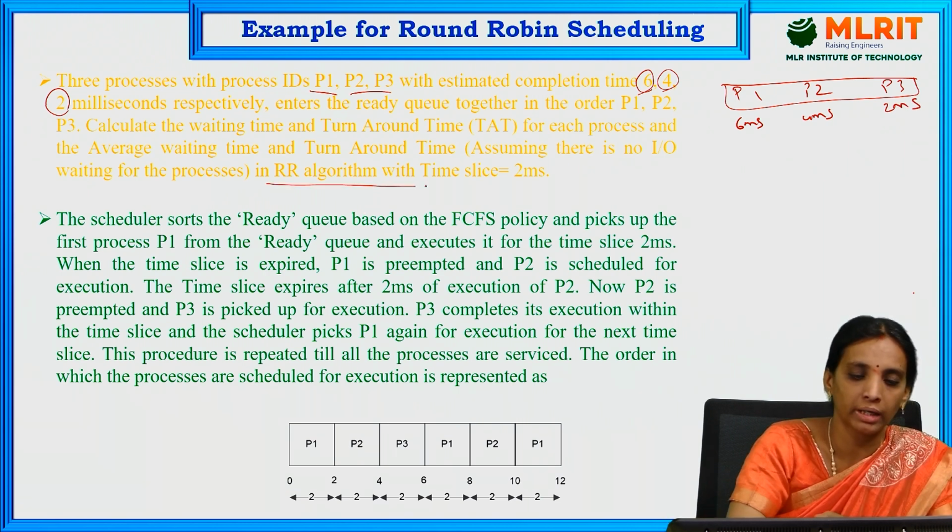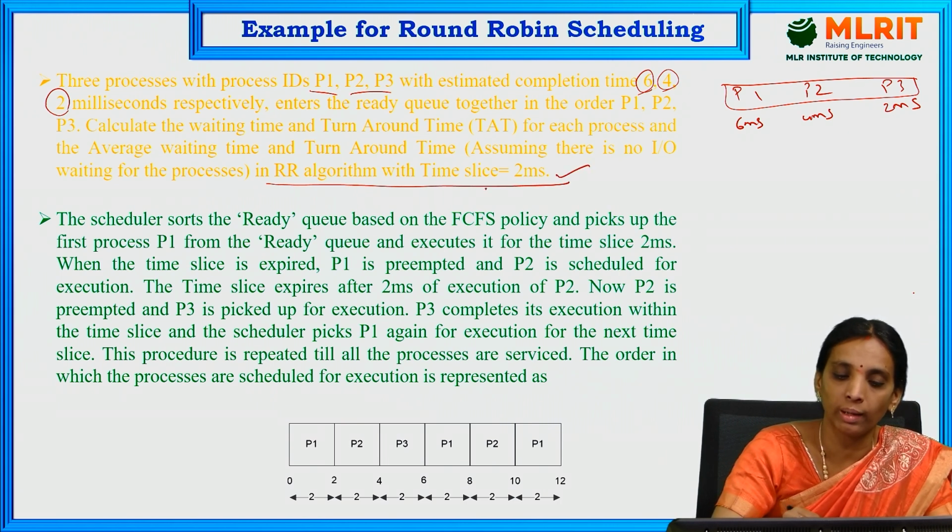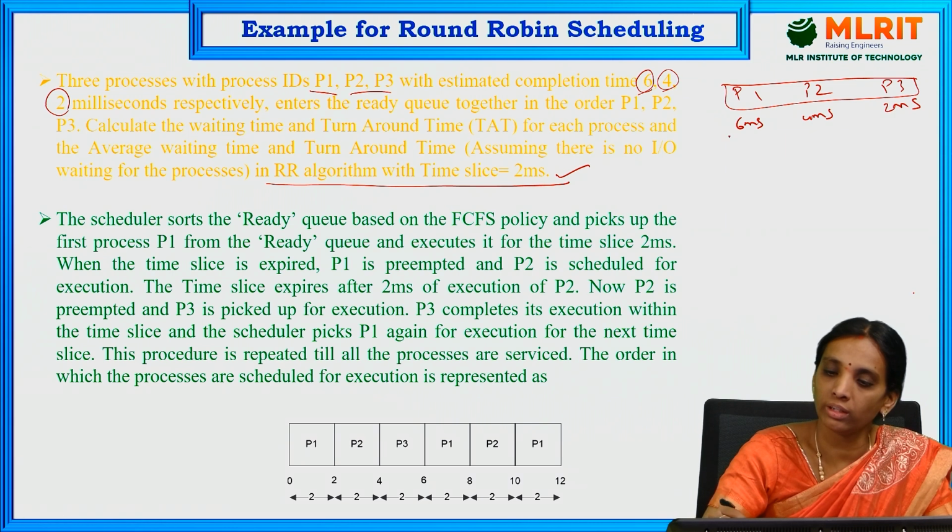Using the round robin algorithm with a time slice of 2 milliseconds, the scheduler gives a slot time of 2 milliseconds. So each process will be scheduled for 2 milliseconds.